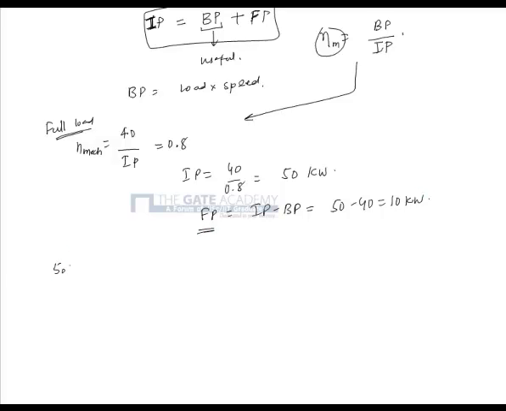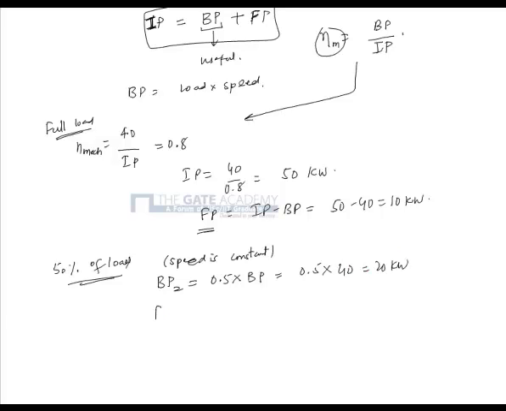Now at 50% of load, my BP2 will be reduced, assuming that speed is constant. The load is half and speed is constant, so it will be 0.5 into 40, which is 20 kilowatt.